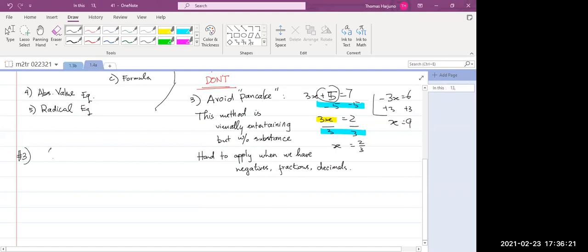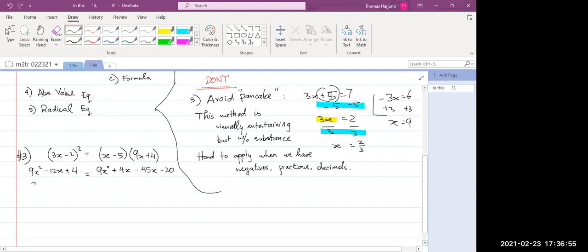Number 3, the easy one. 3x minus 2 squared equals x minus 5 times 9x plus 4. What we will do, we will FOIL first. The equal sign should be straight, right? On the left-hand side, that's a perfect square, 9x squared minus 12x plus 4 equals 9x squared plus 4x minus 45x minus 20. The right-hand side, I will simplify, combine like terms.